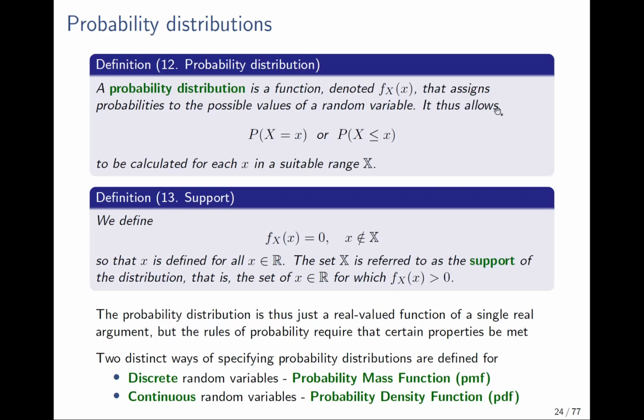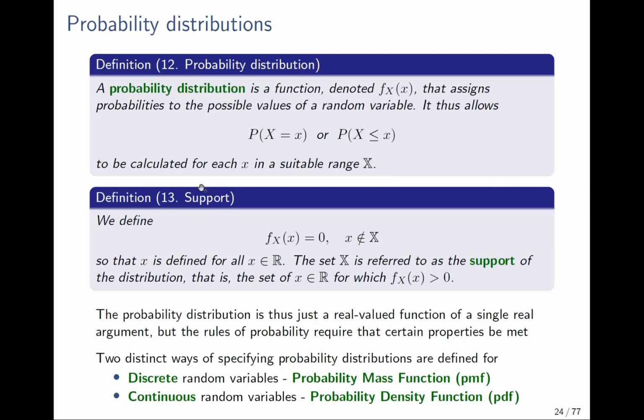It thus allows us to calculate in the discrete case the probability of the random variable taking some specific value, or in the continuous case the probability of the random variable taking some value less than or equal to a specified value of x. So it allows us to calculate these probabilities for each x in a suitable range of the values that x can take.